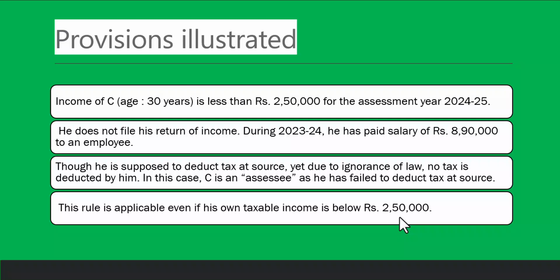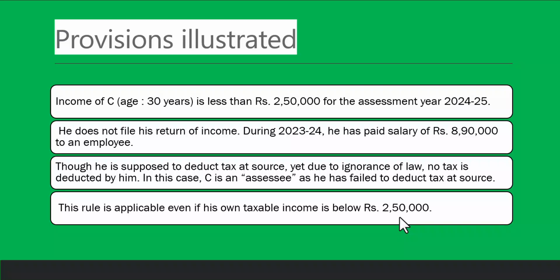Then I am supposed to deduct income tax from the salary of Kishore and deposit that income tax with the government authorities. If I don't do that, then I'll become an assessee, and I'll get an income tax notice from them.